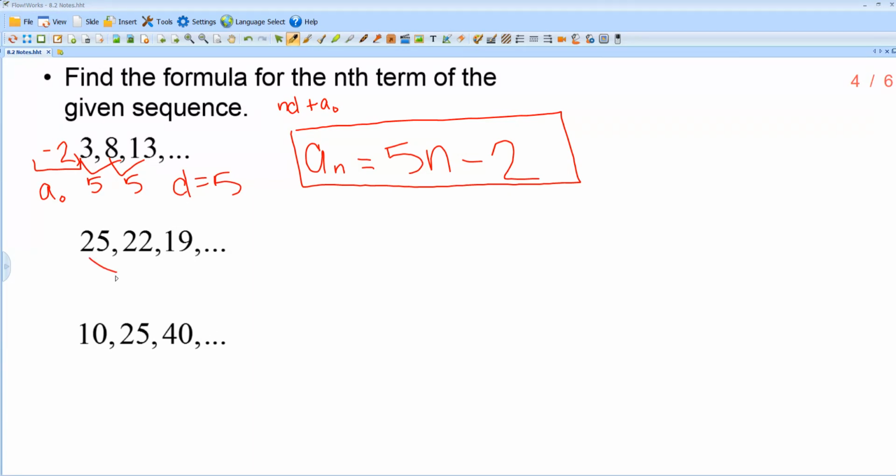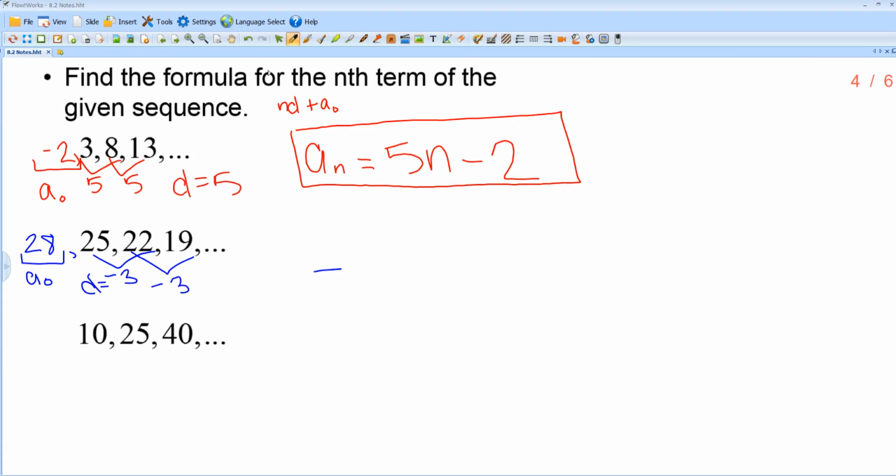All right, here, let's change the color. I know we use red all the time. Subtract 3, subtract 3. So again, we have to think of what term would have come before this. I'm subtracting 3 each time, which means in the opposite direction I'd be adding, so this would be 28 for a sub 0. d is negative 3.